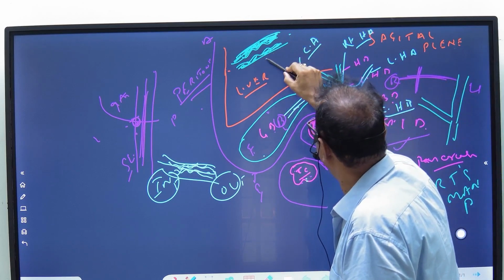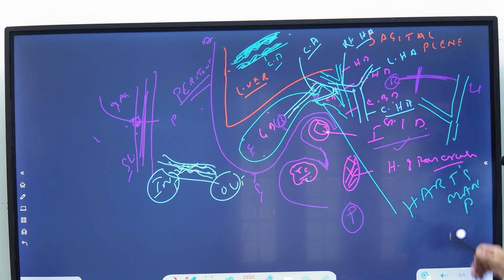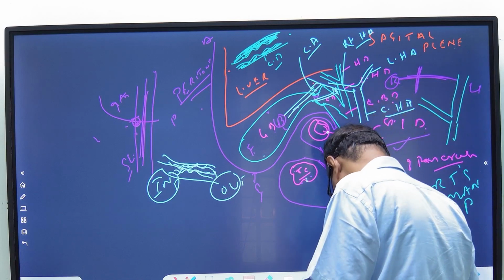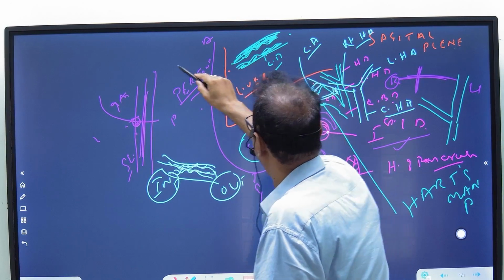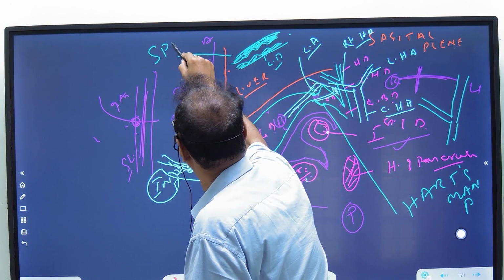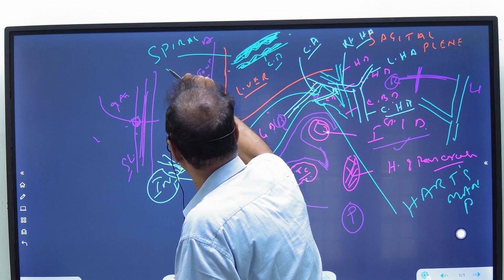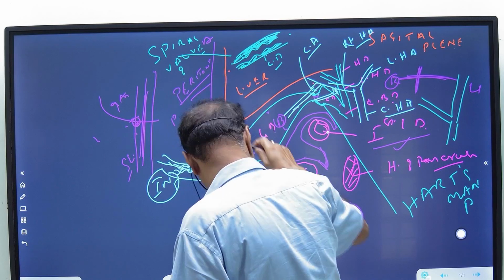This is known as the spiral valve of Heister.